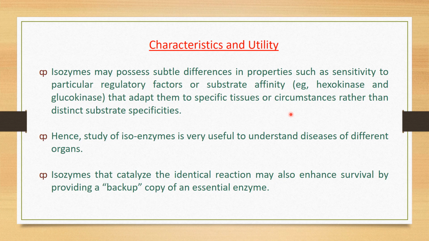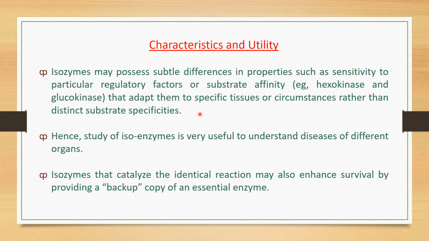That is why only when glucose is high is it converted to glucose 6-phosphate in glycolysis in the liver. So the Km value of glucokinase is high, whereas that of hexokinase is low. Substrate affinity is low for glucokinase and high for hexokinase.